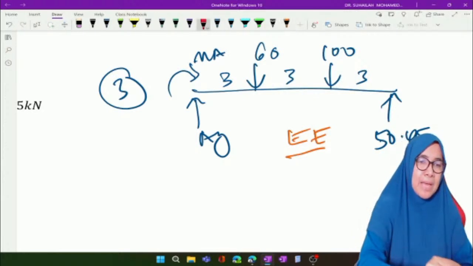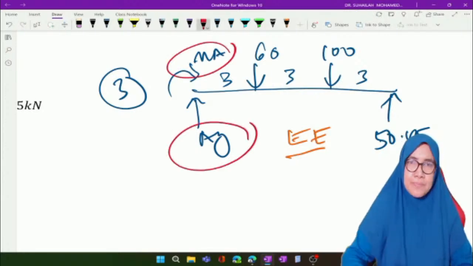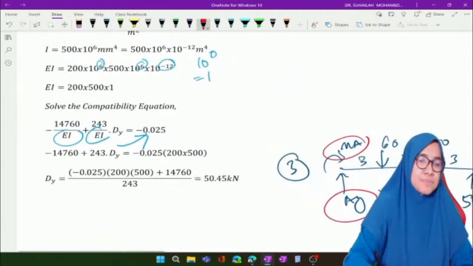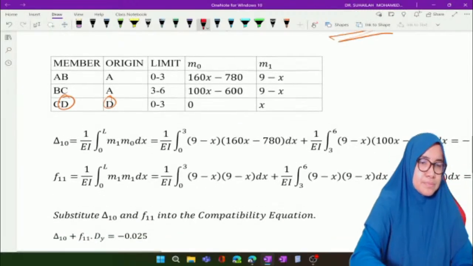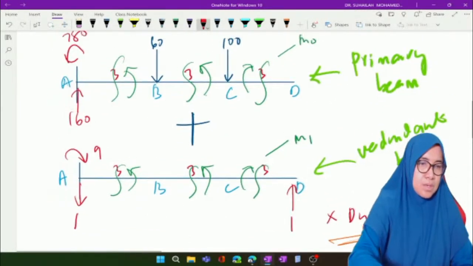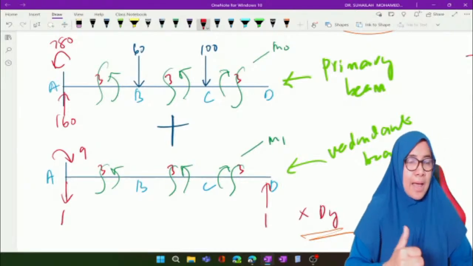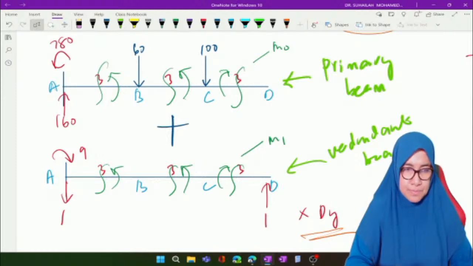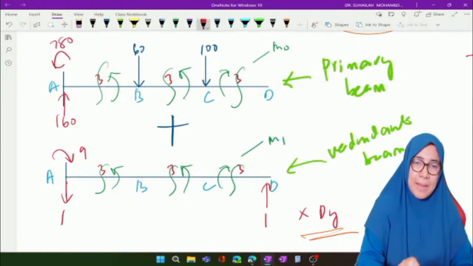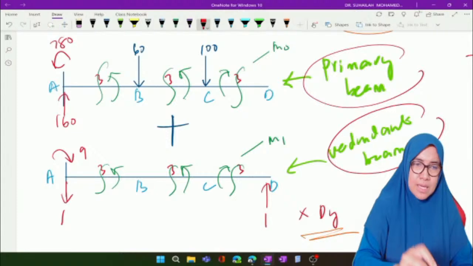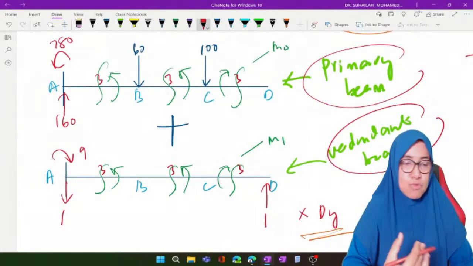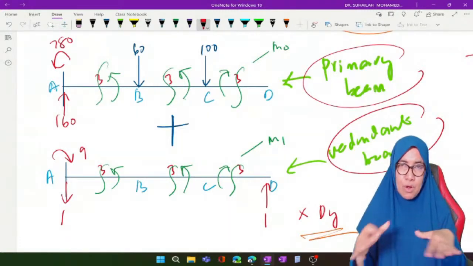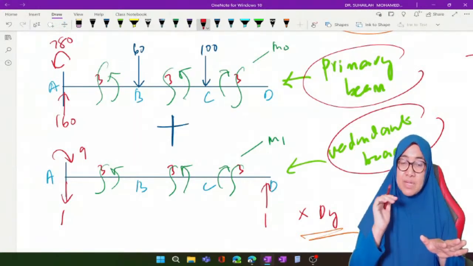Because MA and AY we have calculated in both systems, we have already determined MA in the primary and redundant systems. And the primary system and redundant system come from the principle of superposition, where when we combine back, it is primary beam plus redundant beam.